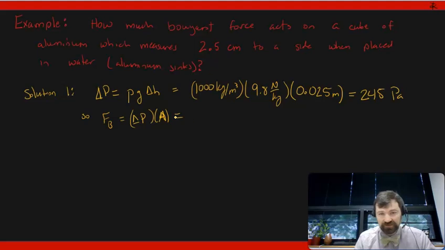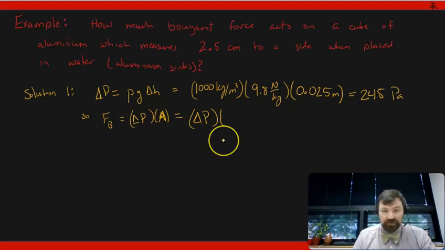So then you'd want to multiply this pressure difference times the cross-section area. Again, it's a cube, so it's 2.5 centimeters to an edge, and you're basically looking at the cross-section area, which is this length scale squared.